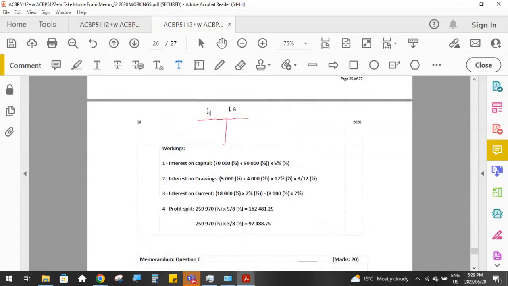I'm just going to write it here in abbreviated form, interest on capital, and we would have worked out the interest for the one partner and credited this account, and worked out the interest for the other partner and credited this account, so that the interest on capital would then have the balance in it that we owe to the partners as their interest on capital. We are now transferring this interest that we owe them to the appropriations account, if that makes sense.